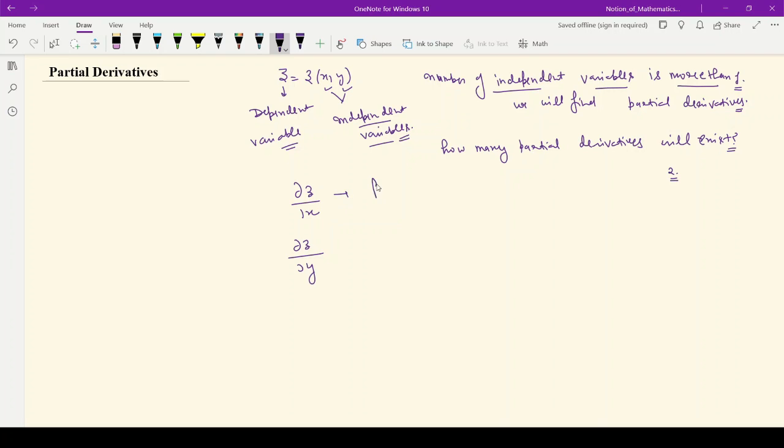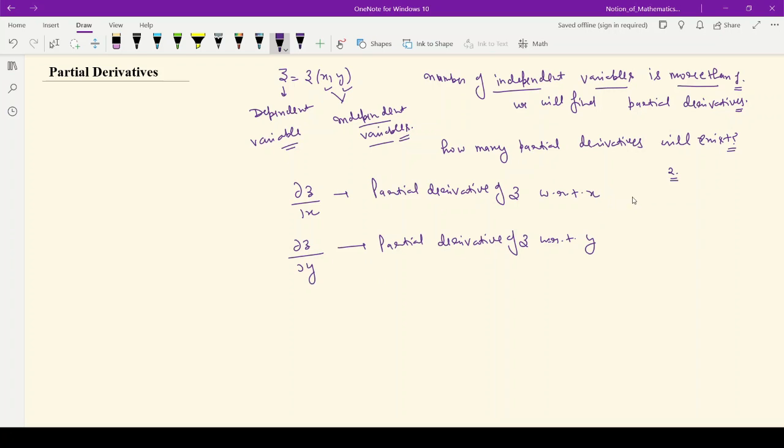Students, this is the partial derivative of z with respect to x, and this is the partial derivative of z with respect to y.